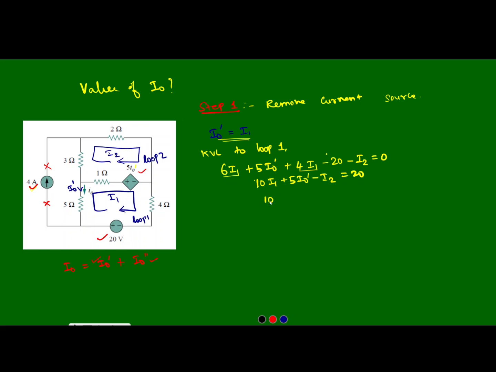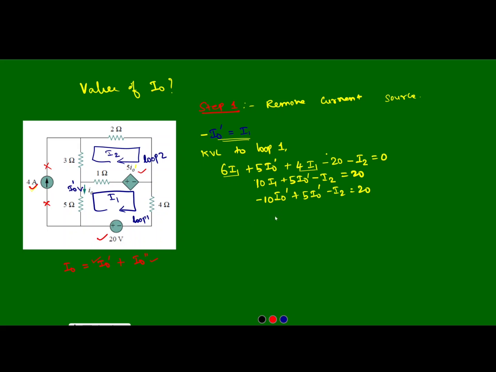So 10 I0 dash. Now the problem is the I0 dash direction is downward, and I1 direction is in the opposite direction. So we need to apply negative I0 dash. So negative 10 I0 dash plus 5 I0 dash minus I2 is equal to 20.